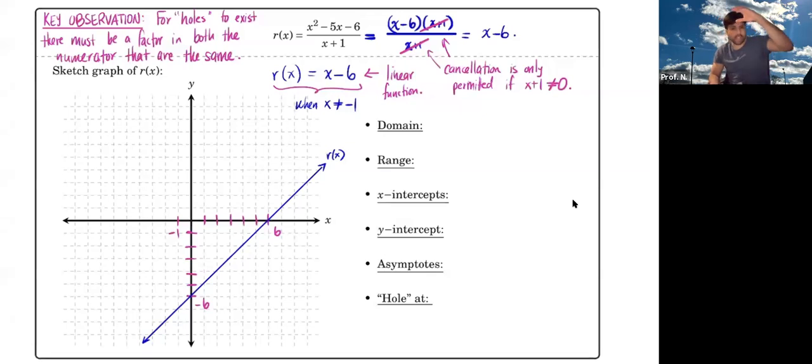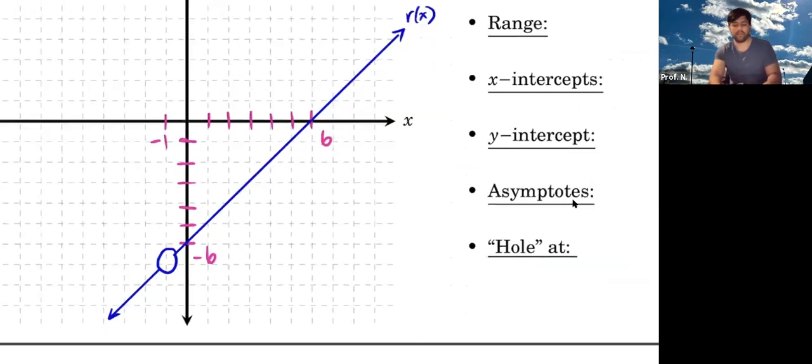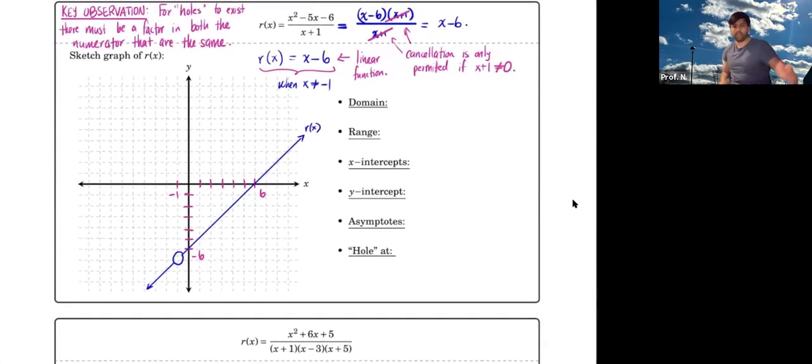The issue is that you can cancel out the x plus 1s when x does not equal -1, or in other words, when x plus 1 does not equal 0. So to save the suspense, what happens is that it creates a circle. That's it. So it's like saying, yes, r of x is indeed the graph x minus 6. It's just that it's the same only when x does not equal -1.